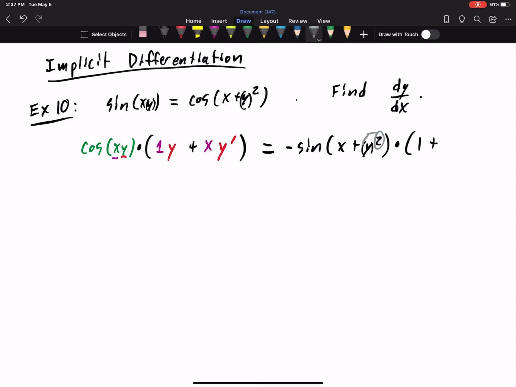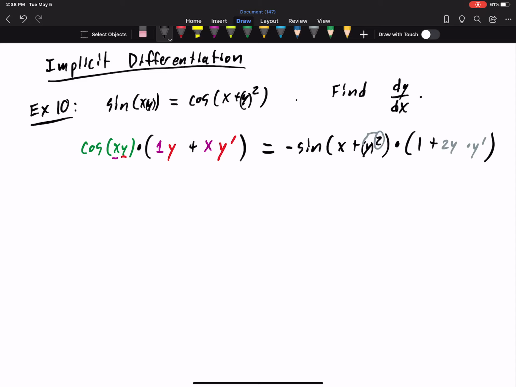So we bring this 2 down in front and subtract 1 from the exponent. So this gives us 2y to the first times, okay, now we need to derive the inside function, which is y prime. Okay, so that's that. That's the product rule. I mean, not product rule, that's the chain rule.